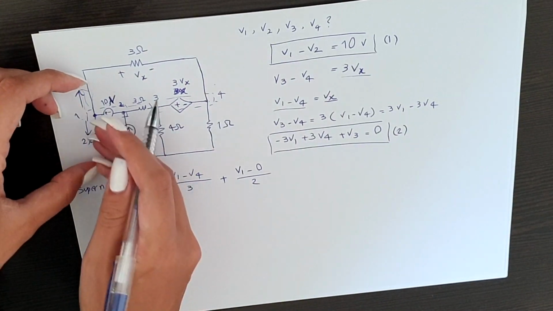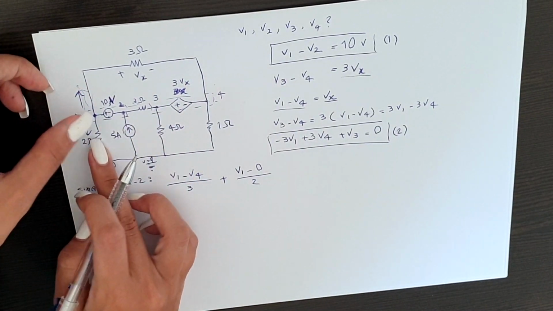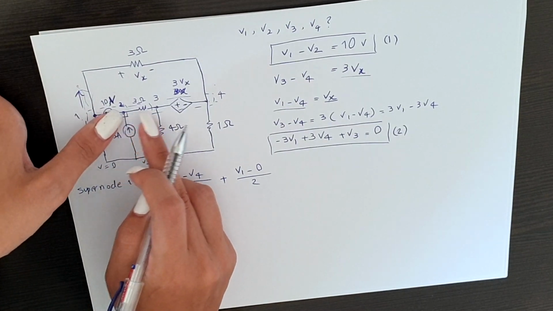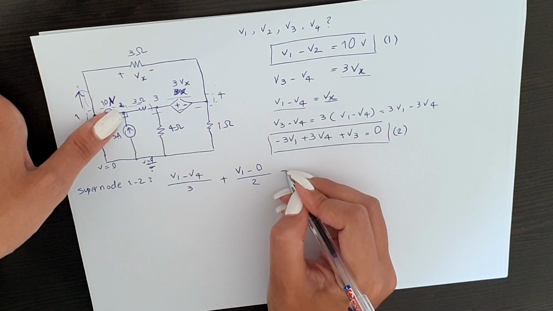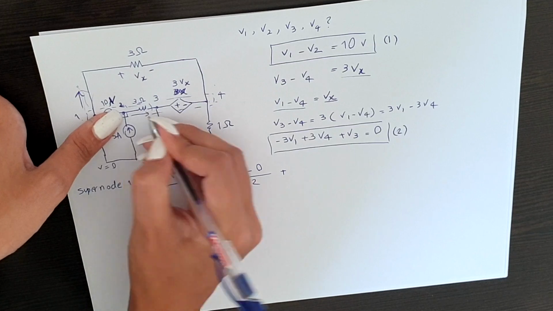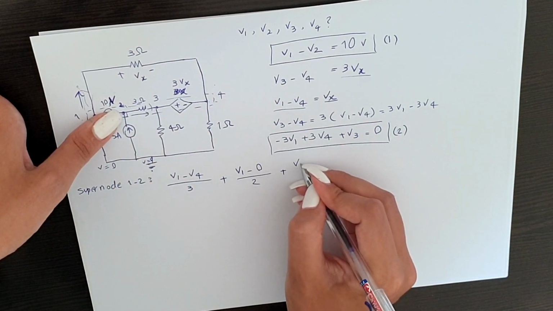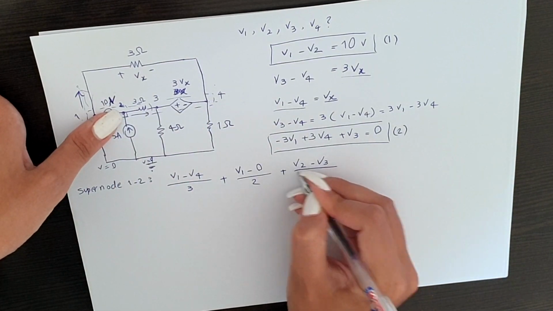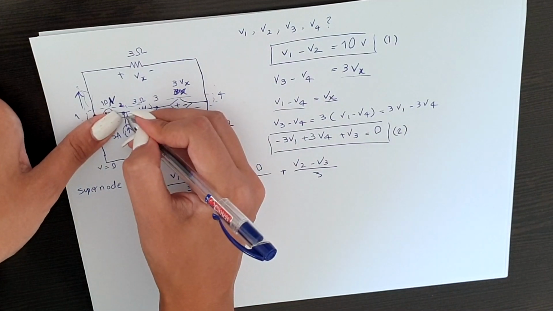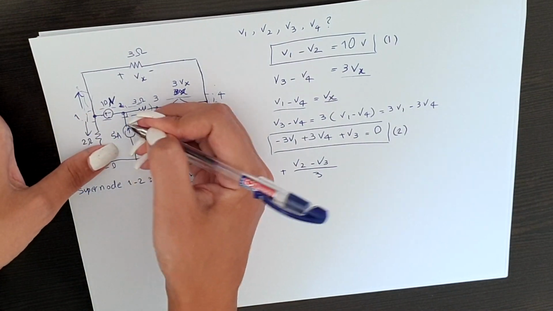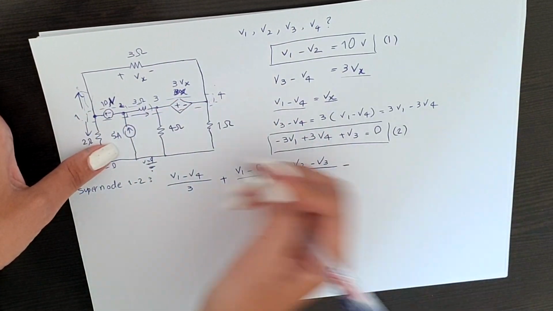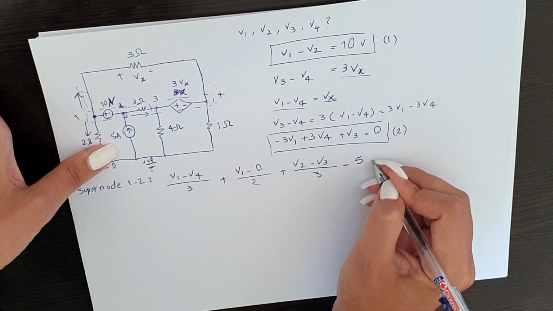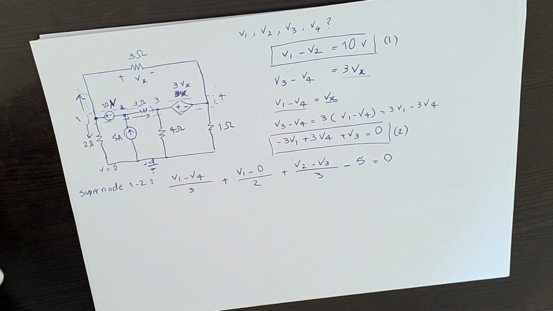And then we're done with this part of the supernode. The other side gives us plus, if we consider the current in this direction, V2 minus V3 over our resistance, which is 3. And here we have the current already, and it's going through the node, so we need a minus here, and we say minus 5. The whole thing is equal to 0.